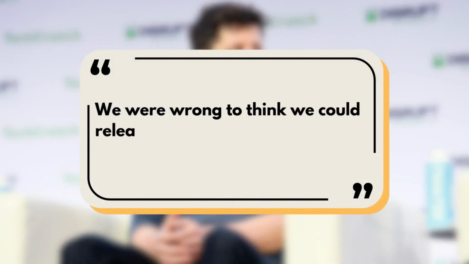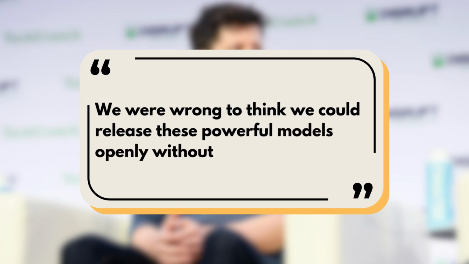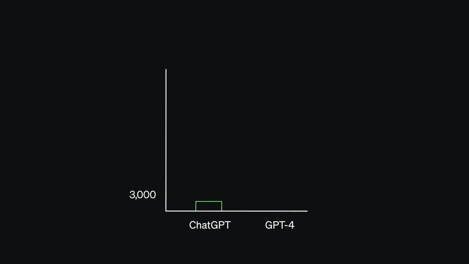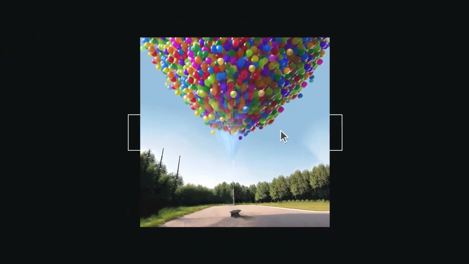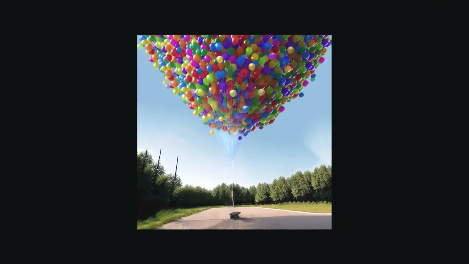OpenAI CEO Sam Altman later admitted, "We were wrong to think we could release these powerful models openly, without seeing harmful use." Today, OpenAI's latest models, like GPT-4, are entirely closed source, and even the training data remains secret. This has sparked ongoing debate about transparency, ethics, and the future of AI research.